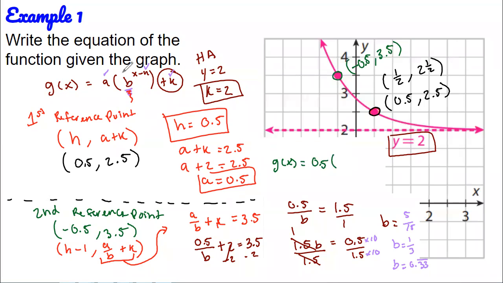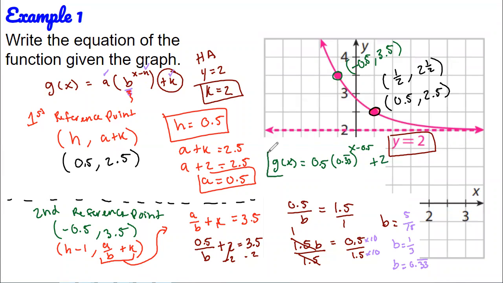What is my b? We said 1/3 or 0.33, you can leave it either or. What is my h? 0.5. So x minus 0.5. And what is my k?